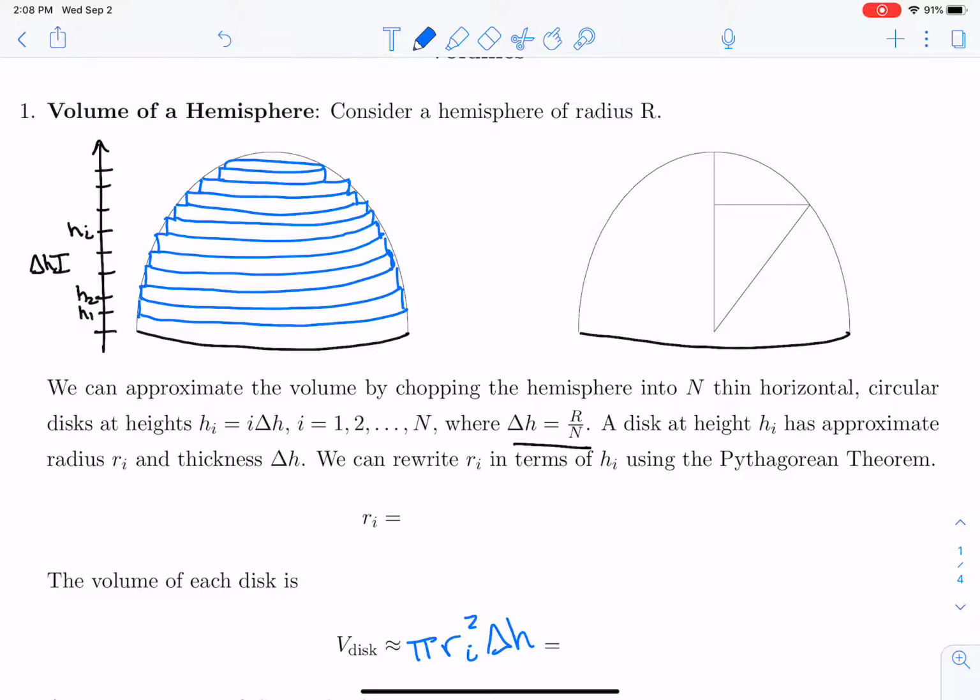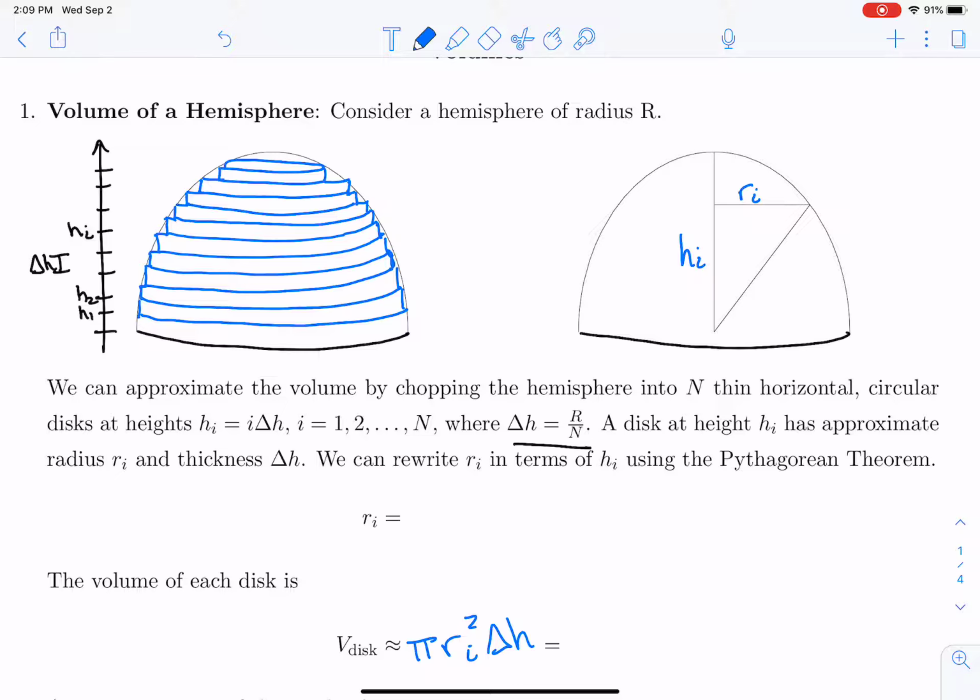So it would be nice if I could relate r sub i, the radius, to the height of each disk. So imagine I have the radius of a disk. I'm going to call this r sub i for the radius of a disk. That disk is going to appear at some height. I'm going to call that height h sub i.